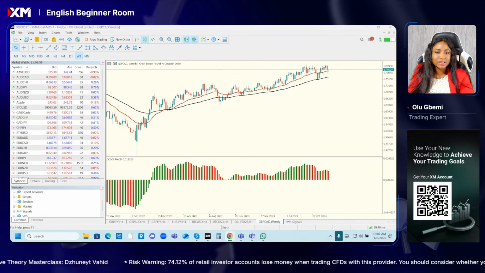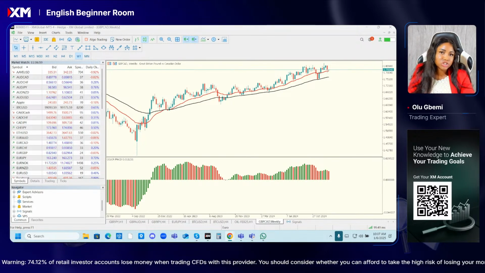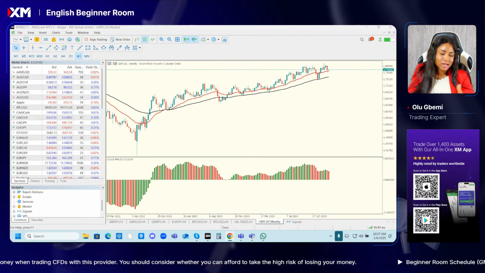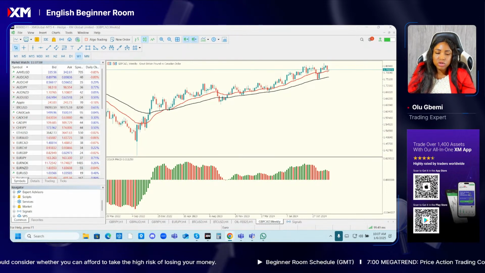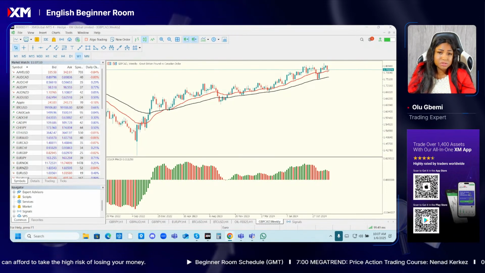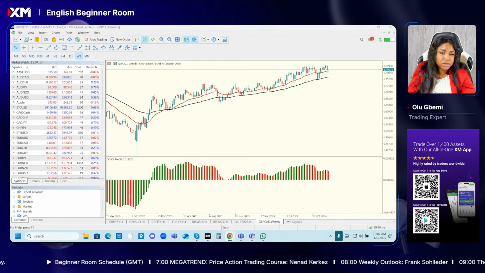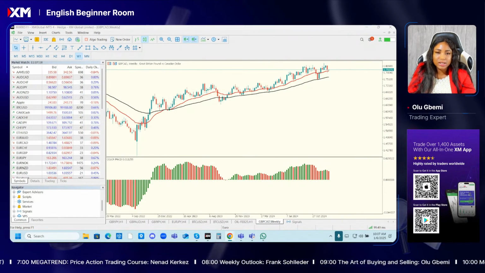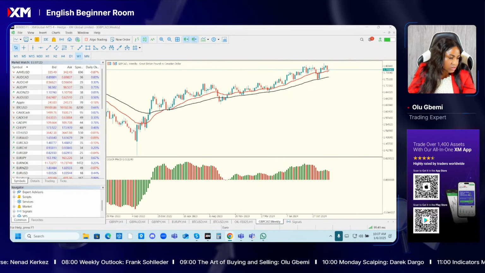Having an understanding of the expectation when it comes to fundamentals in the market for the week can give us some idea of how we're going to be trading, especially the major currencies. Knowing that this is NFP week will also help us prepare well ahead and know how we're going to be trading the currencies, the US dollar.